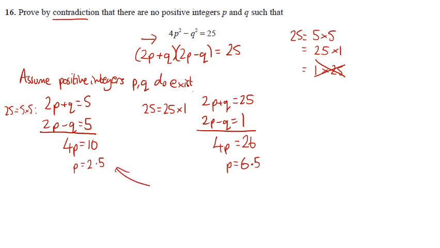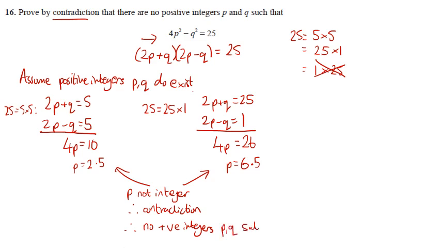And in both cases, we find that p is not an integer, so that's a contradiction. So therefore, no positive integers p and q satisfy the equation.